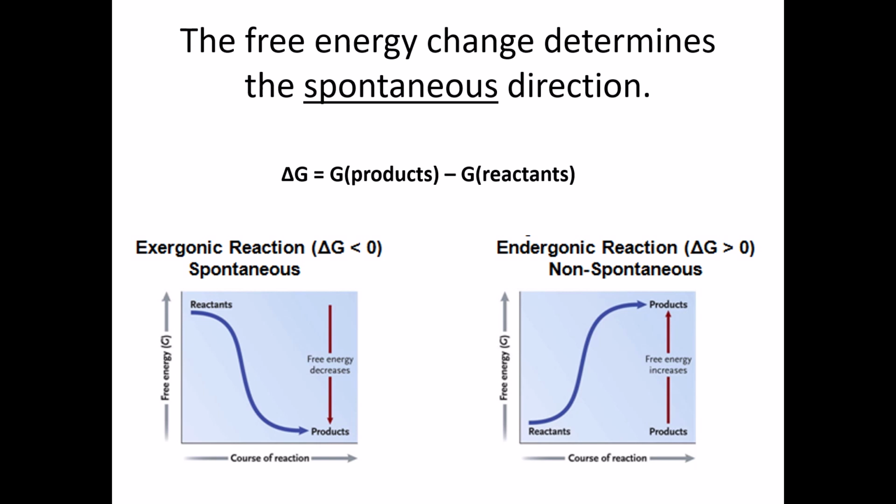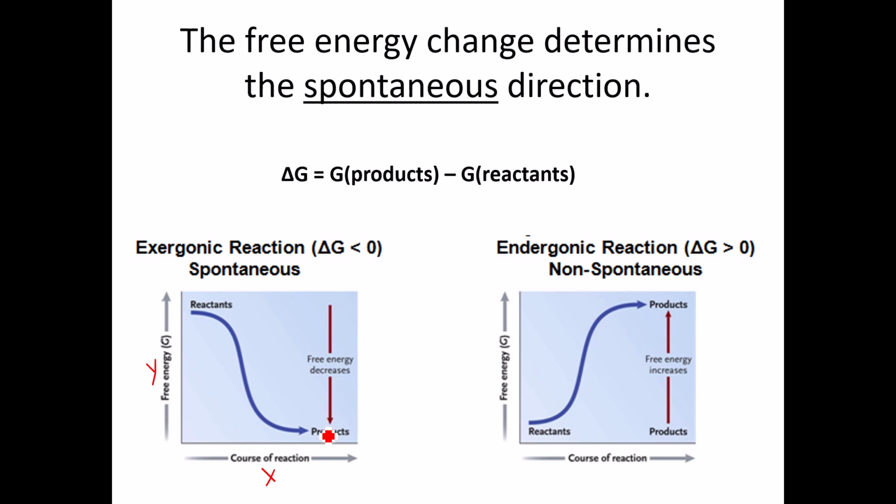Alright, when we look at calculating delta G, since it is products minus reactants, we can also visualize the progression of a reaction based on free energy. So here we have free energy going along the y-axis. Here is the course of our reaction, or the progression from reactants turning into products along the x. If our reactants have more free energy than our products, we see a decrease in the free energy going from reactants to products.